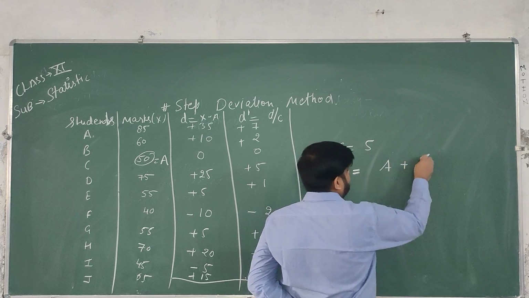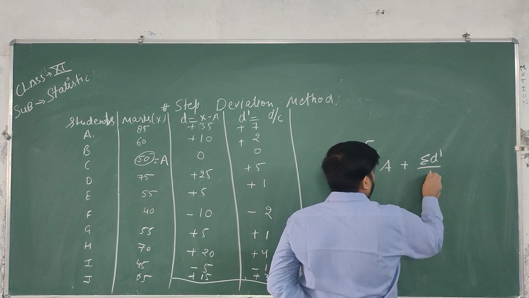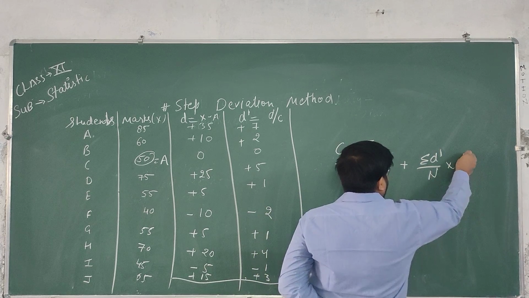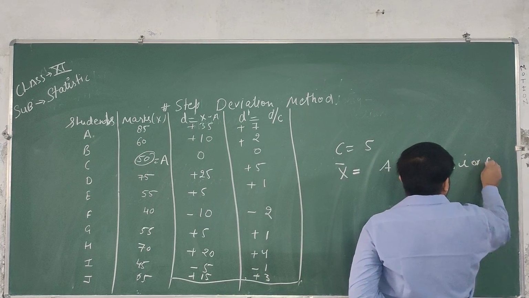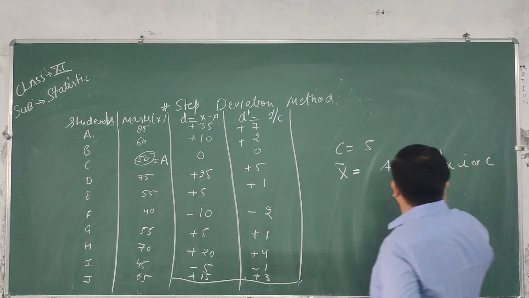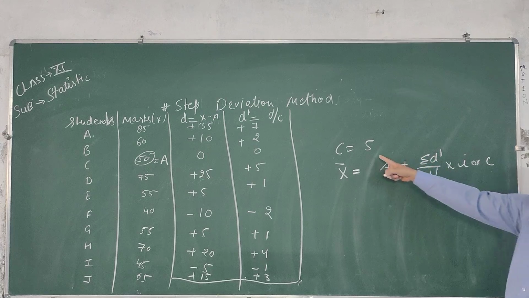A plus sigma D dash upon N into C. So we know the value of C. C is a common factor.